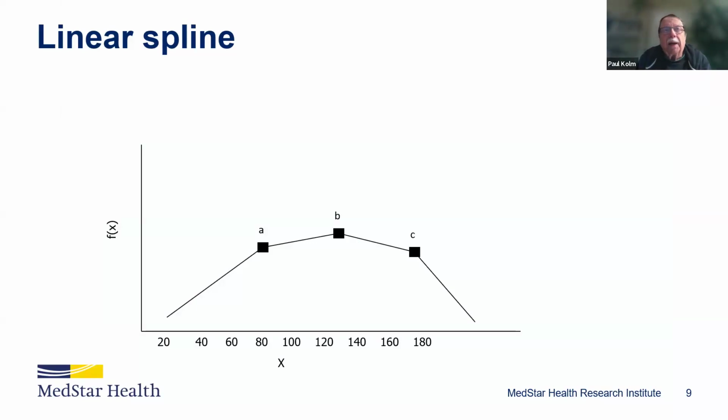In the fact that what we want to do is, if we have, say, for example, 3 different what we call knots here, we want to be able to model the whole function, and we want to have the points join more or less continuously.